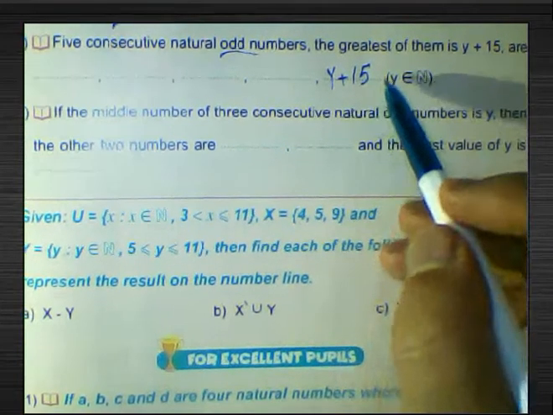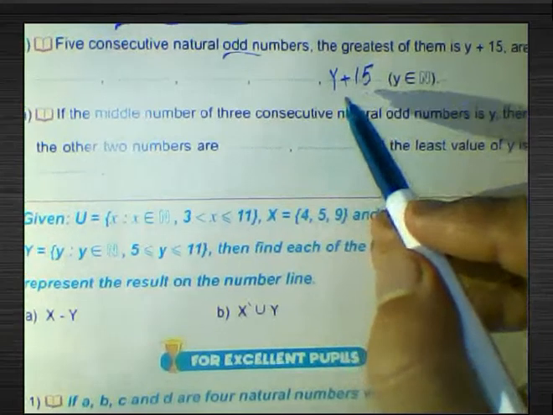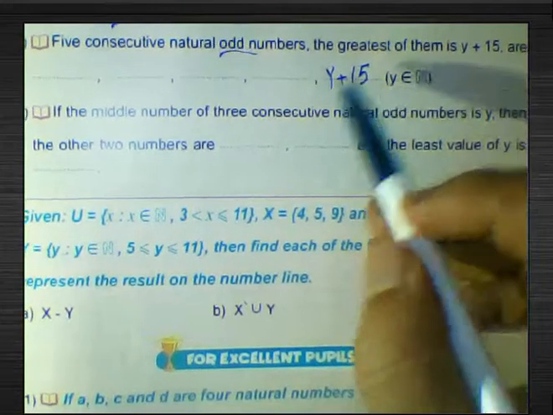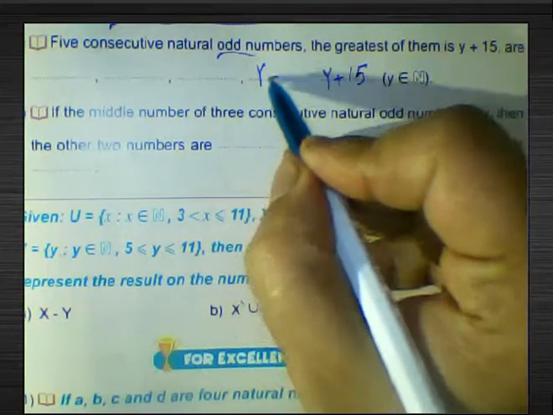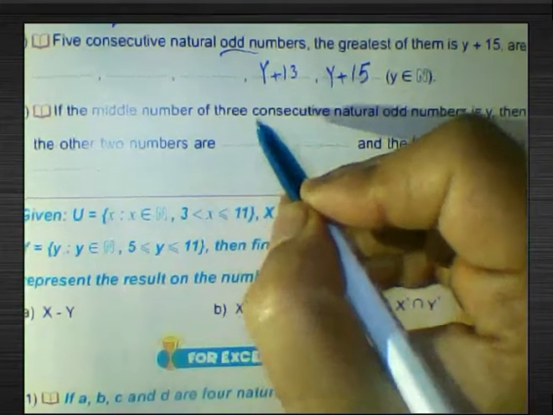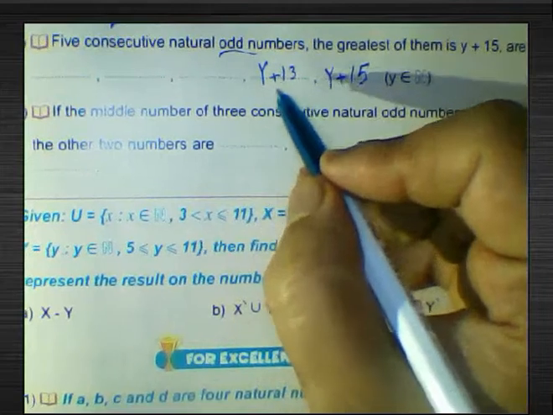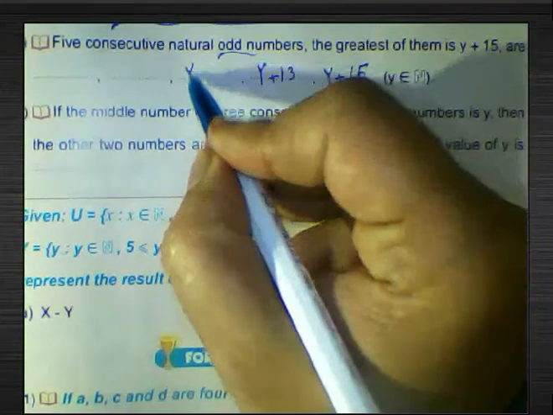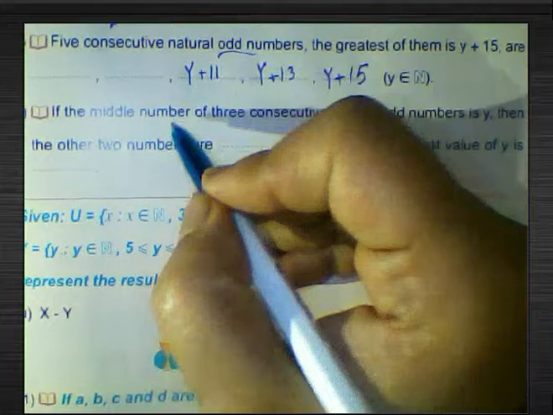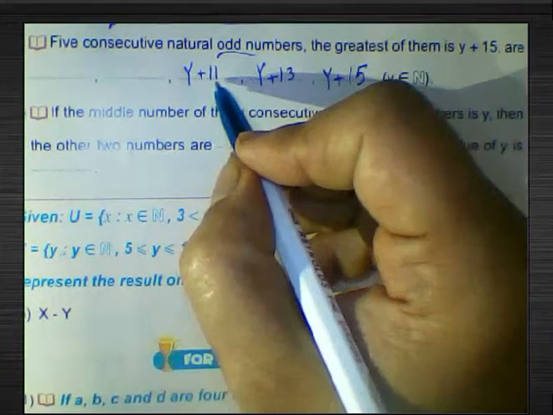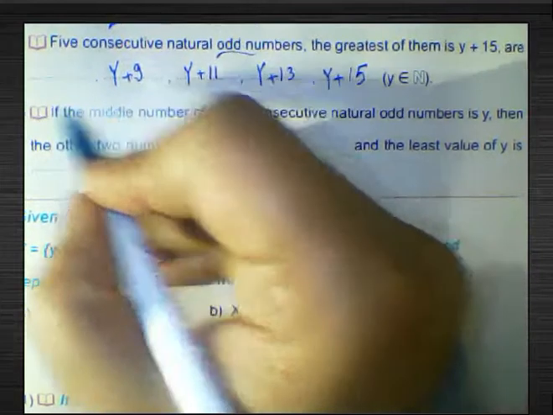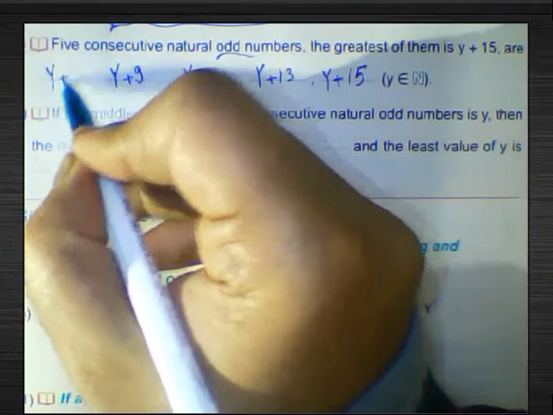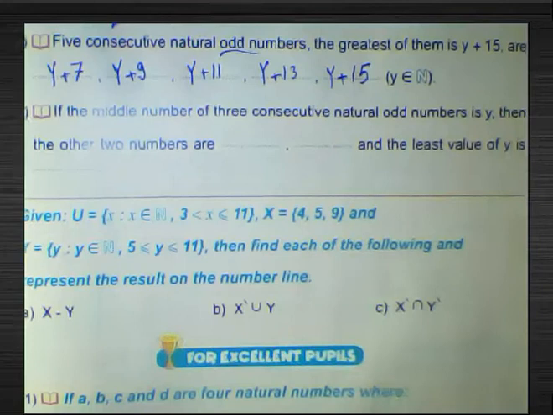To find the number before y plus 15, subtract 2. The result is y plus 13. Subtract 2 again: y plus 11. Subtract 2: y plus 9. Subtract 2: y plus 7.